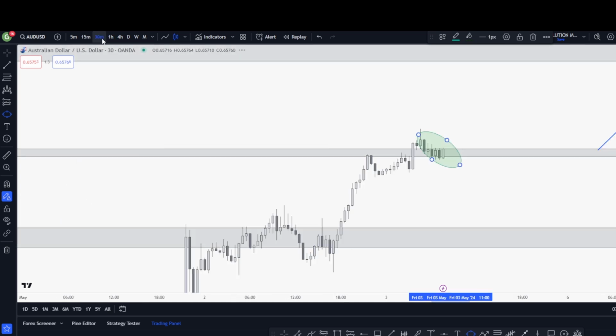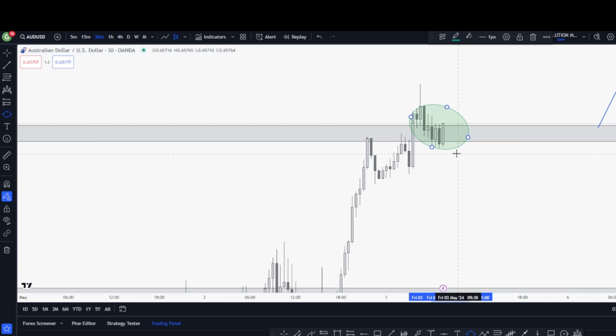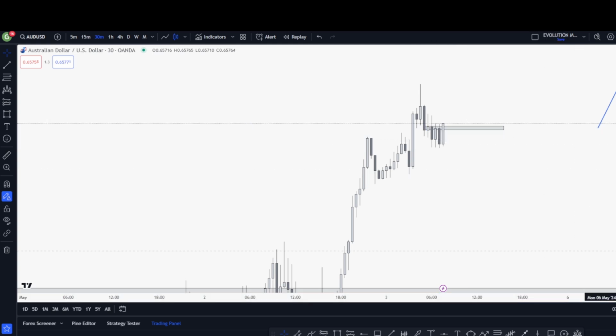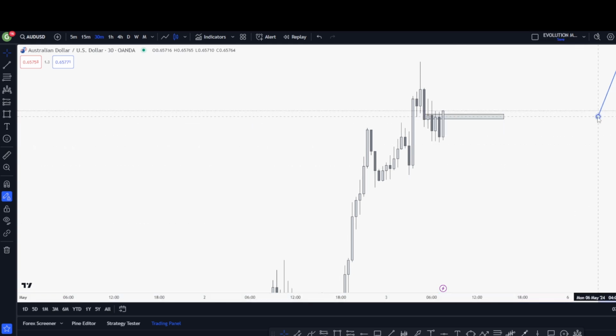Dropping further down to the 30 minutes, what we see, if I could just clean it up, is price consolidated somehow in this area. So if it could close above this, if I could maybe just remove this area of resistance we marked out on the 4-hour, so I can keep the charts clean.